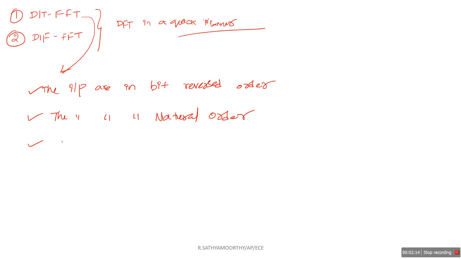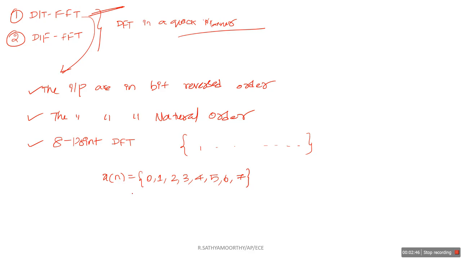Then we are going to see the 8-point DFT, which means 8 input discrete sequences will be given, and for this 8-point DFT we need to calculate the DIT-FFT. The sequence x of n equals 0, 1, 2, 3, 4, 5, 6 and 7. So I'm going to directly apply the inputs.